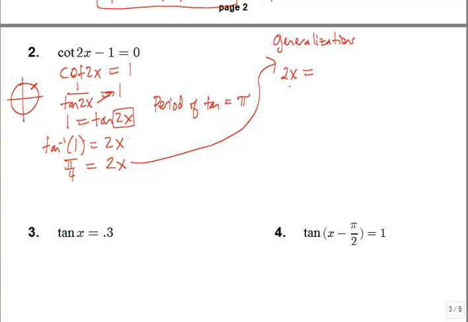Our solutions are going to be this base angle pi over 4 plus, normally we would do 2k pi, but this is where that period is important because we're dealing with the tangent function, and the period of tangent isn't 2 pi, the period of tangent is smaller, it's only pi. So what I'm going to add on to the side here is not a 2k pi, but just a k pi.